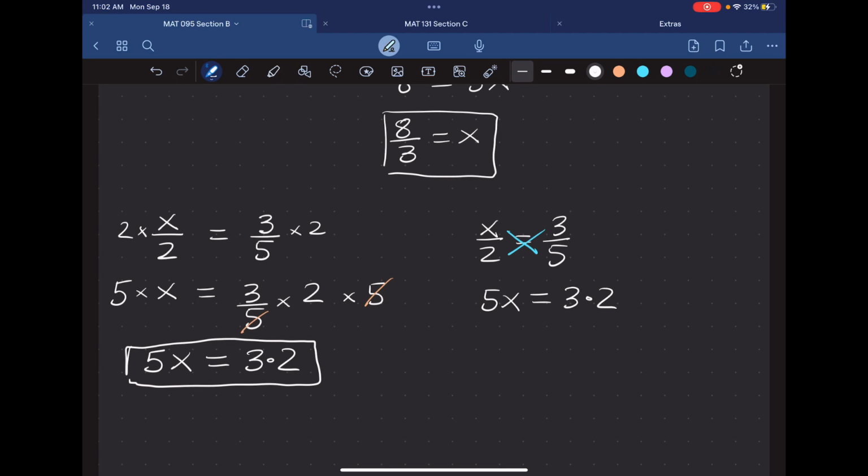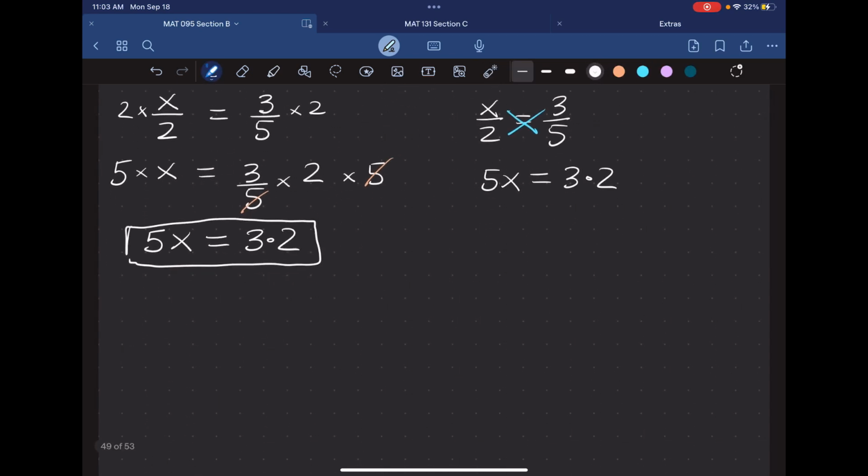So it's fine to each time go ahead and cross multiply, but I want you to have in the back of your head that really what you're doing is just multiplying both sides by the denominator. To finish off solving this one, if we have 5x is equal to 3 times 2, we would divide by 5, and we'd get 3 times 2 is 6 divided by 5, and this would be our solution.